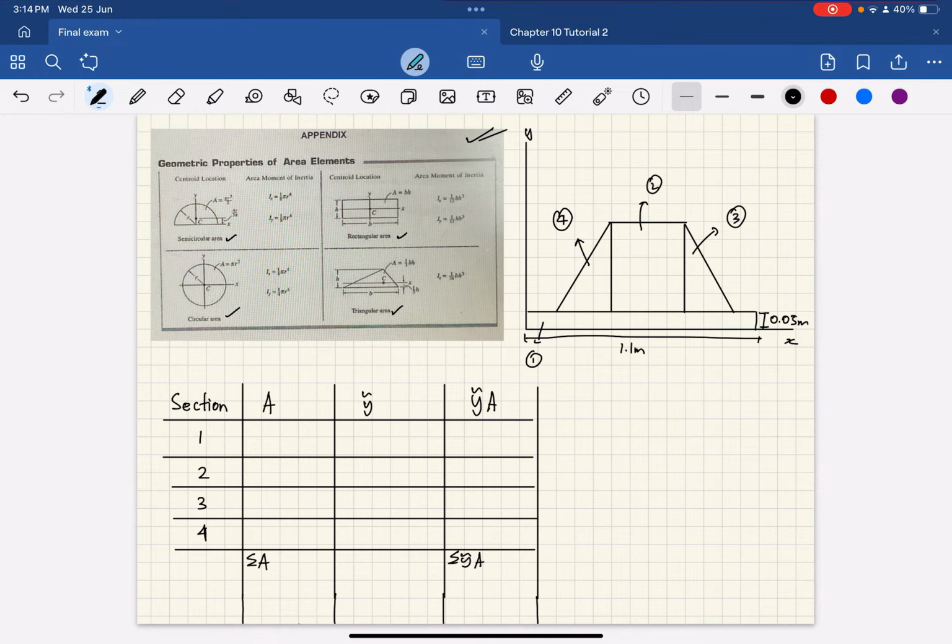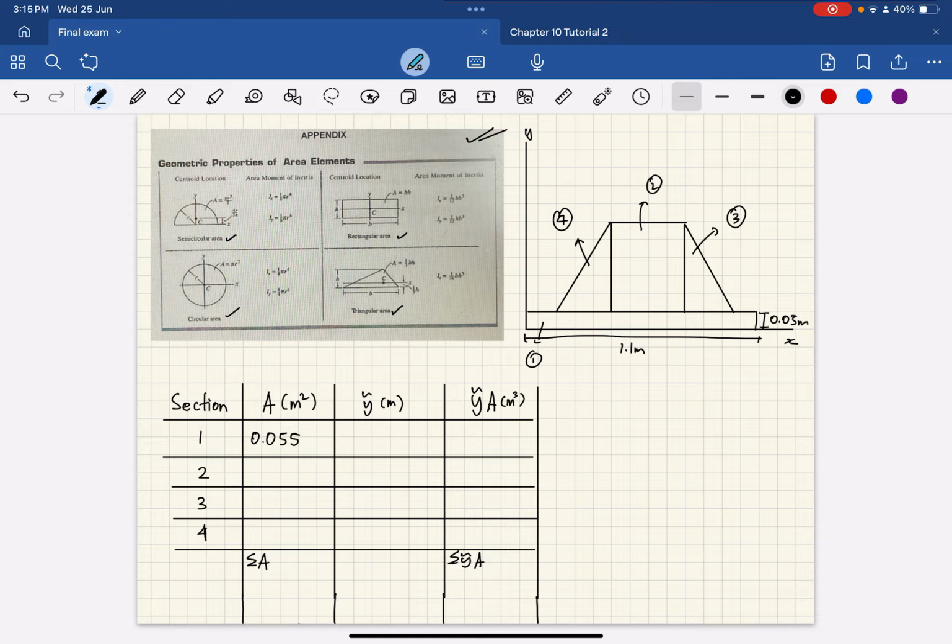So the area is just 1.1 times 0.05, this simple rectangle, which is 0.055. Remember it's meter squared, so don't forget to label your units like I'm doing right now. Therefore your lecturers will give you full marks for that.